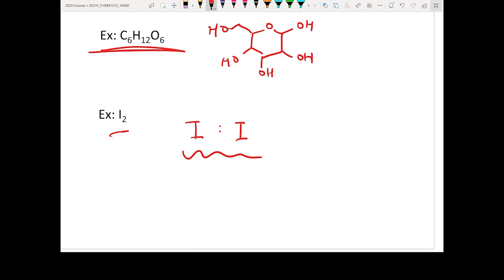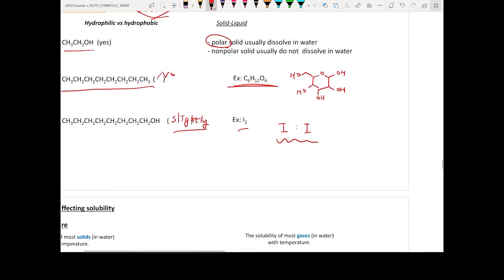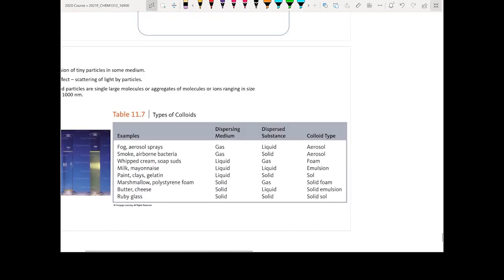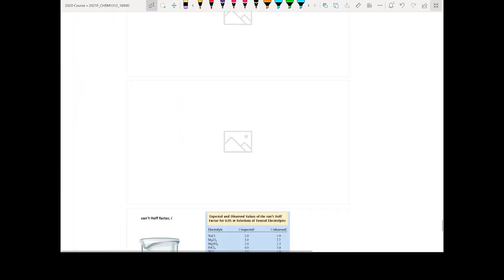Again, this requires better knowledge of the structure of the molecule to predict whether things are going to dissolve with each other. This is how you make the judgment. Based on the chemical formulas or the structure, you can predict whether two substances are going to dissolve with each other or not. The next thing is factors that affect your solubility.